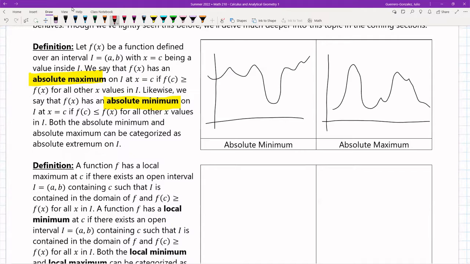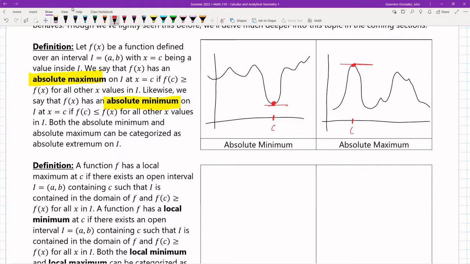Absolute minimum would have to be this point right here, right? Because it's the lowest point out of all of the points that are there. And then same thing for absolute maximum, it's going to have to be this point right here, because that's the highest. So it's like the definition says, it is an absolute maximum at x equals c. So this value down here is going to be x equals c for both, right?